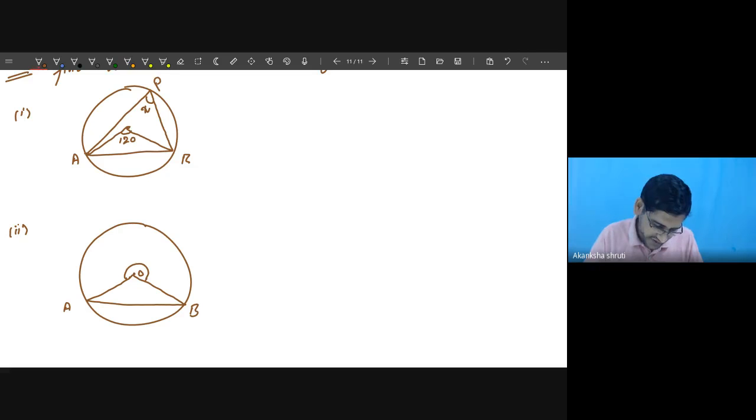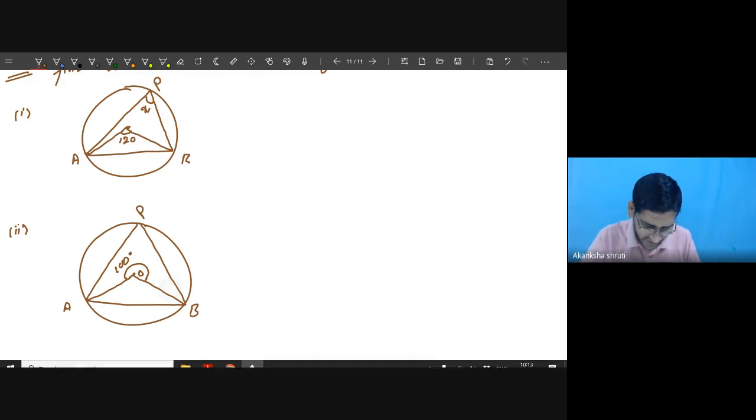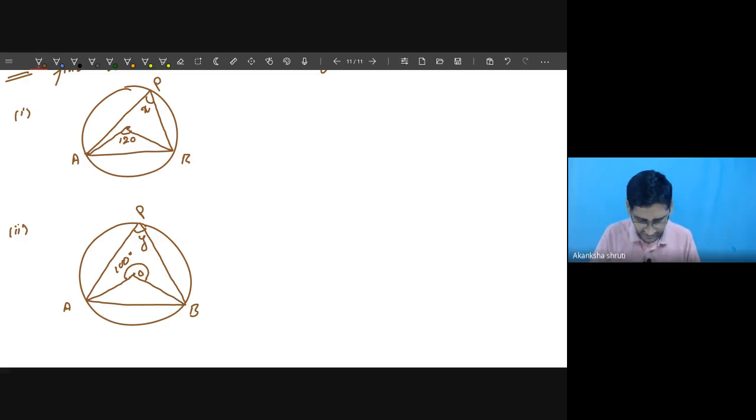Let us consider this angle as 100 degree. And then you need to find at point P what is this angle Y. Okay? 130. Okay, Y will be 130. Good. We will verify it. What is your Y?